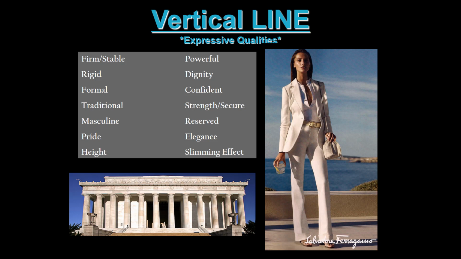It can create a powerful, confident, elegant, prideful, formal, and very stable type of design. What you can see here in the piece of architecture is the vertical lines really creating this sense of height to the space. So that's something that's important with vertical line.